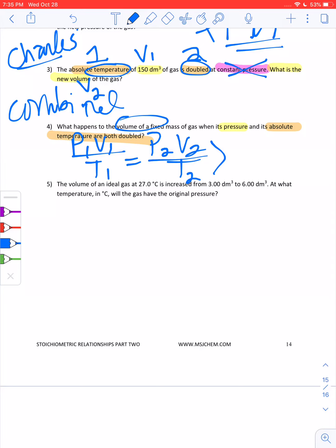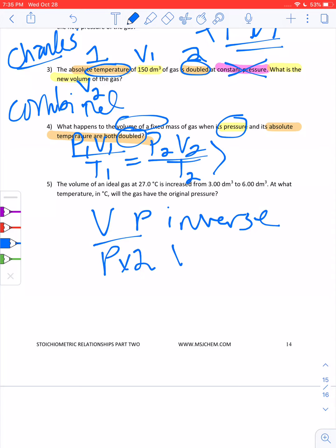But if we think about the fact that we know volume and pressure are inverse, so if the pressure is times 2, the volume will be multiplied by 1/2. It'll be divided by 2 because they're inverse.